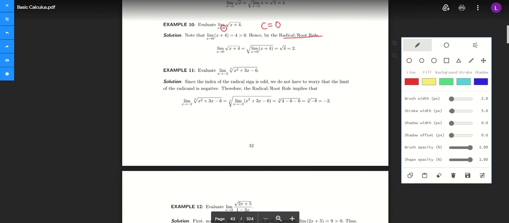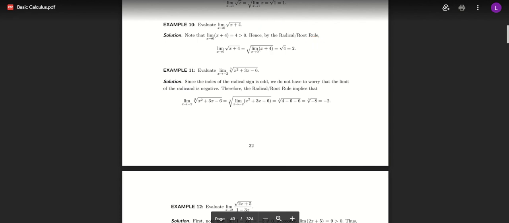Since c is just 0, we can immediately substitute 0 to our radical function. You can simply substitute it inside and find its limit. So 0 plus 4 is simply 4. That's the limit. And then you get the square root of it. Square root of 4 is just 2.